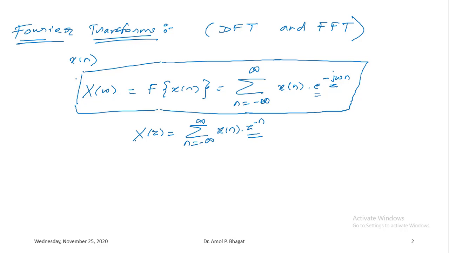As we have seen in the case of Z transform, this is a reversible process. We indicated it as x of n having Z transform X of z, so you can identify the inverse Z transform of X of z to get x of n. Similarly, this Fourier transform is again a reversible process. Let me rewrite the formula: the Fourier transform of x of n is summation n equals minus infinity to infinity x of n into e to the power minus j omega n, denoted as X of omega.